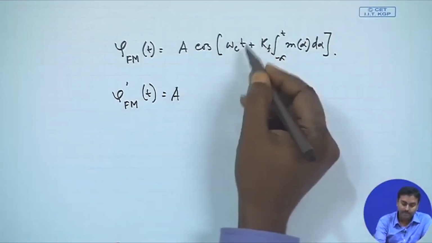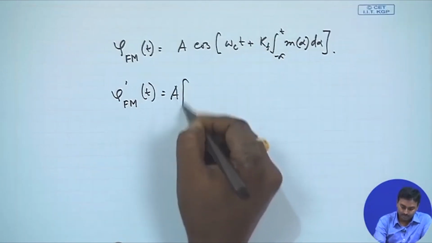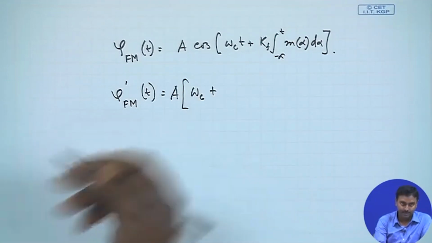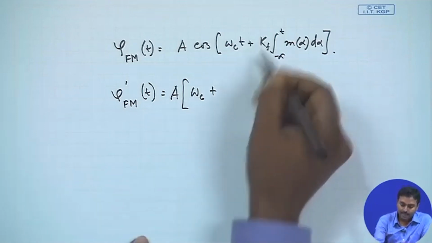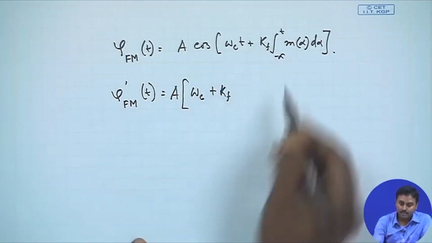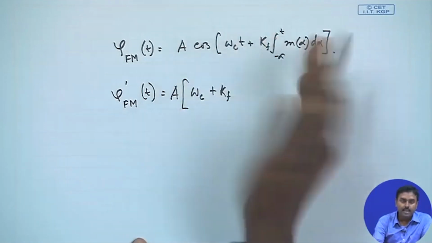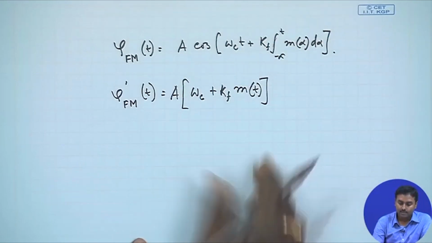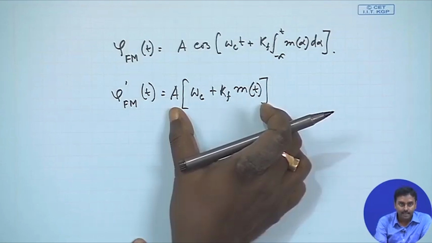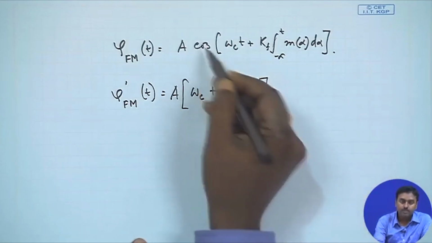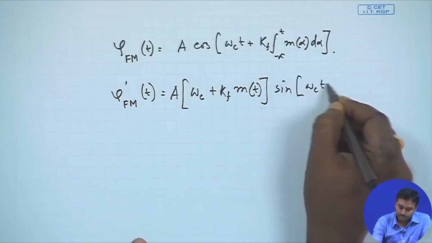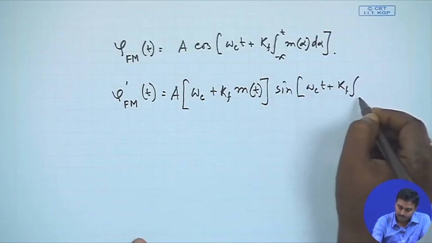The inside part, omega c t, must give me omega c, because I am differentiating with respect to t. And then kf is a constant, and differentiation and integration actually cancel each other and this will give me mt, right. So, that is the whole thing that I get after differentiation, and cos must also be differentiated. So, that must give me sine of omega c t plus kf.